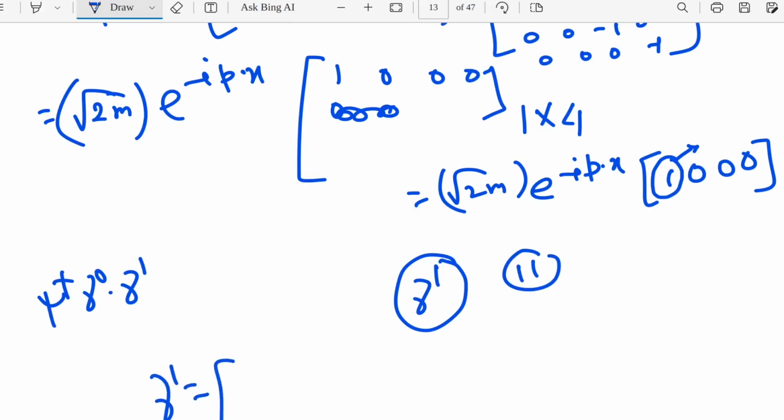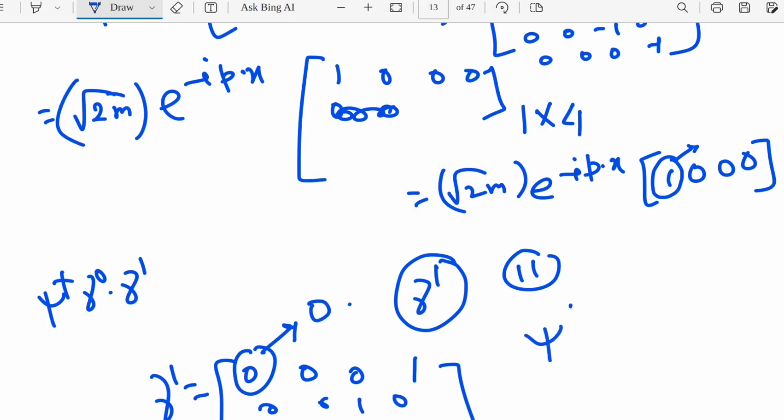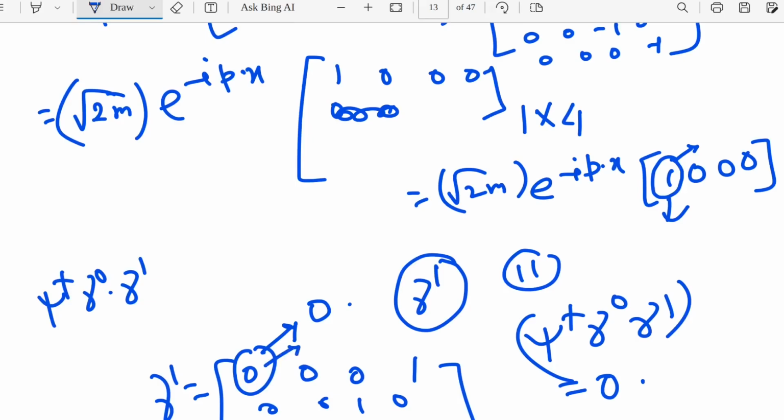Gamma 1, if I just write here a little bit, will be 0 0 0 1, 0 0 1 0, 0 minus 1 0 0, minus 1 0 0 0. So we don't need to bother about this whole matrix, because you can see that the 1 1 element of gamma 1 is 0. So if it is multiplied with psi dagger gamma 0 into gamma 1, it will automatically give us 0, because this 1 and this 0 will give us 0, and the rest of the other 3 terms are 0. So obviously it will give a result of 0.